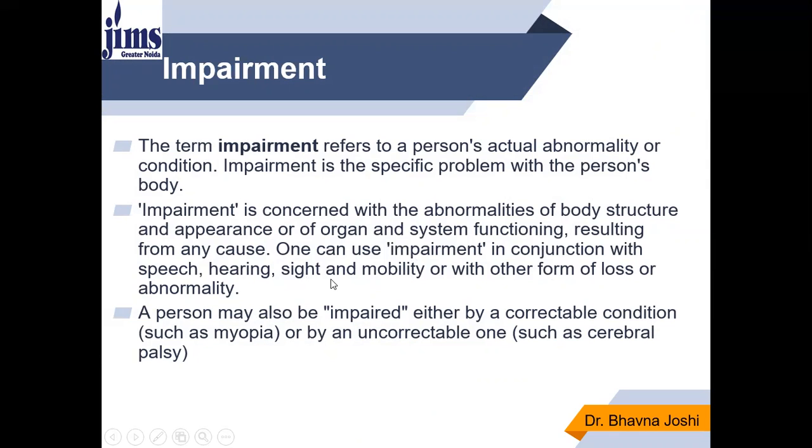A person may be impaired by a correctable condition, like myopia, or by an uncorrectable one, like cerebral palsy. So the word impairment means a person's actual abnormal condition.